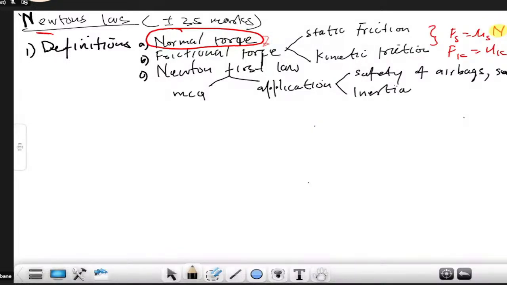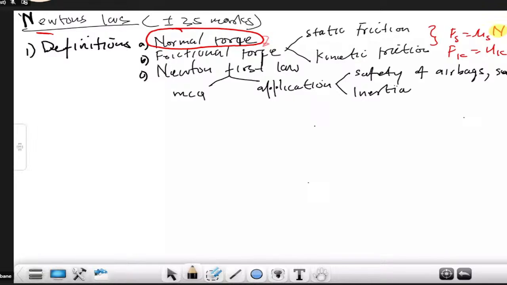There are no calculations relating to this particular law. So expect to get something in Newton's first law as a question in multiple choice, or the application in safety belts, and the basic principle of inertia.